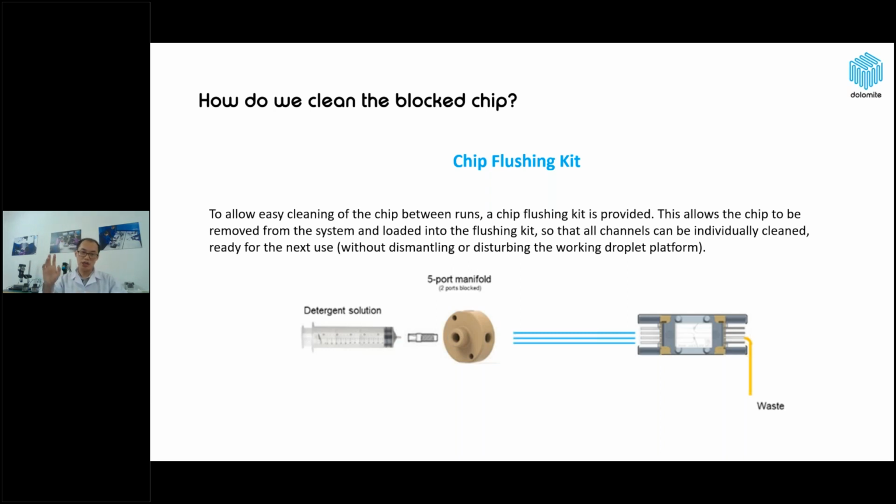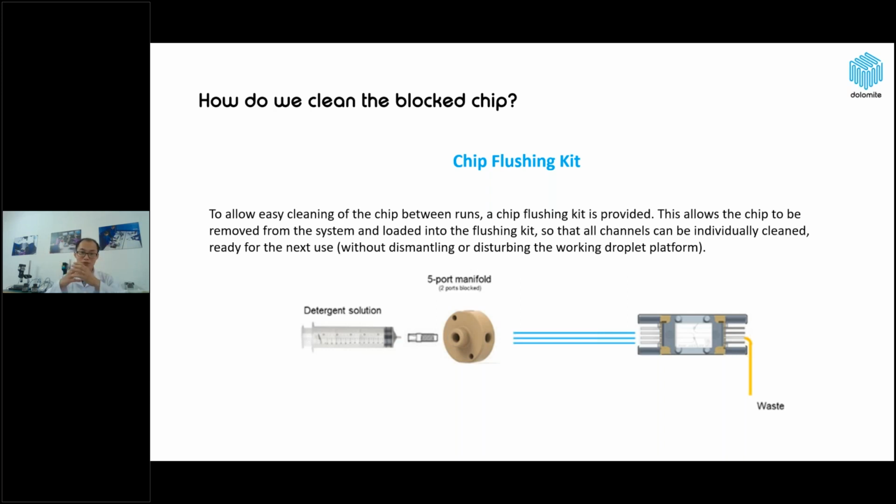So in some cases, you maybe need to do the heat treatment, like warming up the solution, or using another solution or another solvent, to try to remove or dissolve the contaminant out of the chip. So just try to repeat it several times to see how it can help to remove the contaminant.